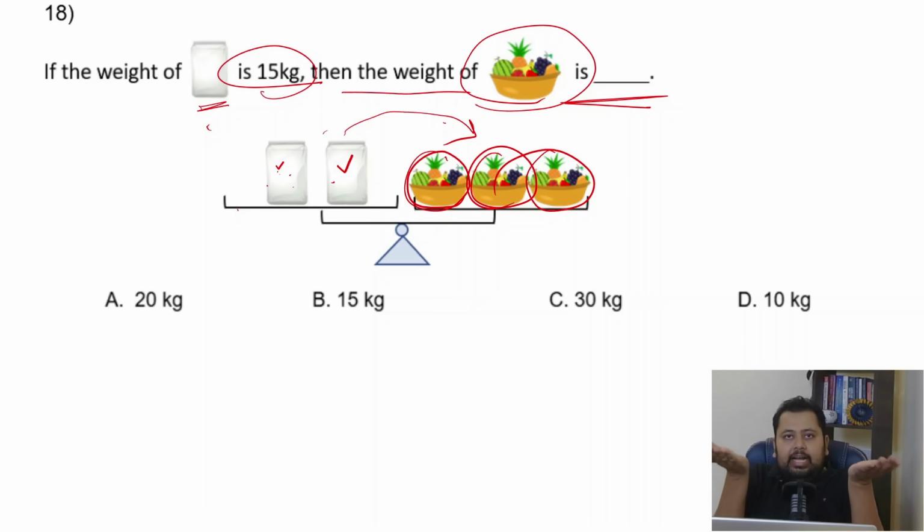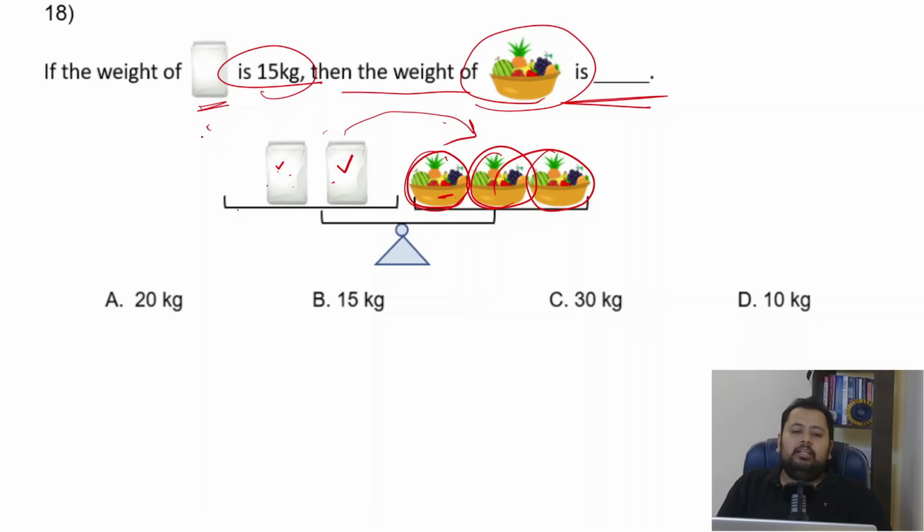If it is supported at a similar level, it means both of them have equal weight. If they both have equal weight, then you have to find out the weight of the fruit basket. Pause the video, solve it first, and then look at the solution.